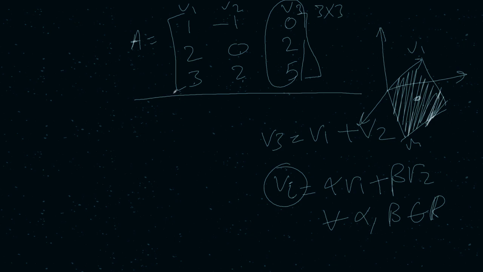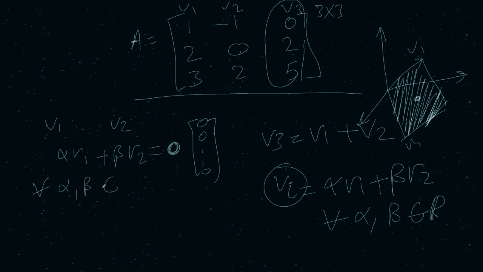Now we can define linearly dependent vectors in general. If you have any vector v1 and any vector v2, and you can find alpha and beta such that alpha v1 plus beta v2 equals the 0 vector, meaning the vector with all zero elements, for alpha and beta belonging to the real numbers and not equal to 0.